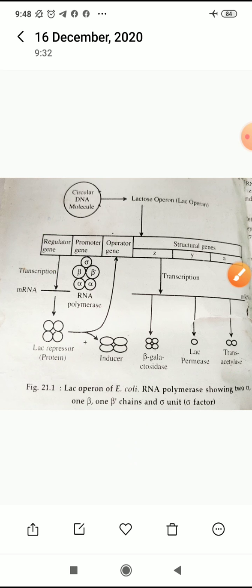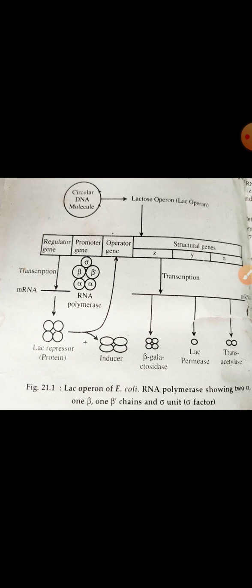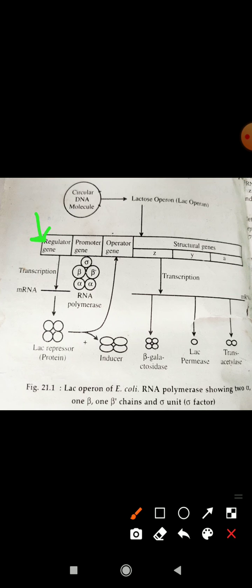So like this, the product of regulator gene inhibits the action of structural genes. Regulator gene is here, and it inhibits formation of these three enzymes, and via operator gene this thing happens. Inhibition of formation of enzymes.